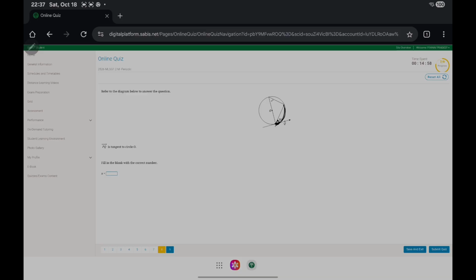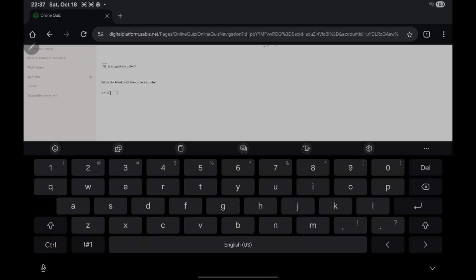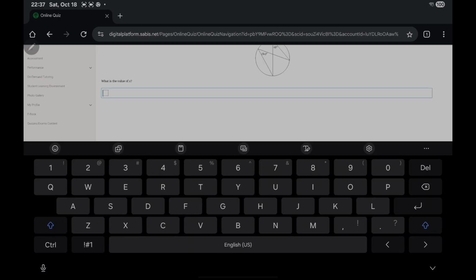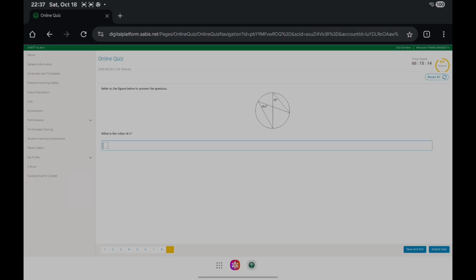So if this arc is 100 degrees, x is the intercepting angle, so x will be 50. We're almost there. This last question, 6x equals 48. Now you just have to do 48 divided by 6 and you get 8, and put an 8 here.